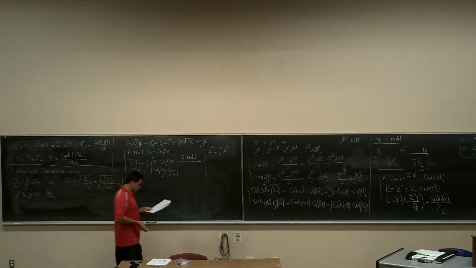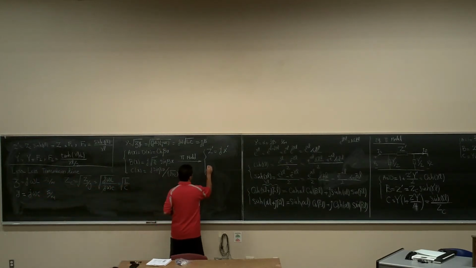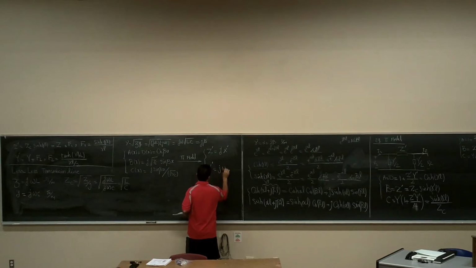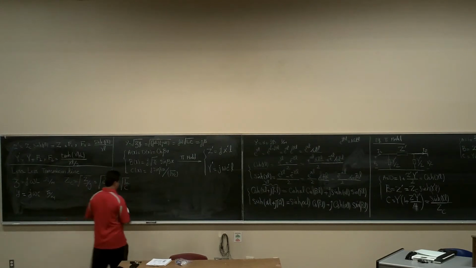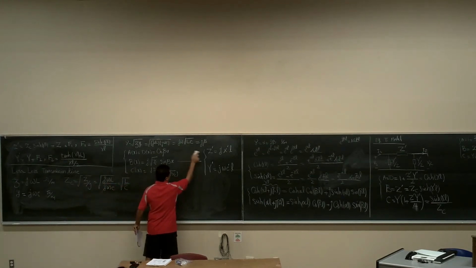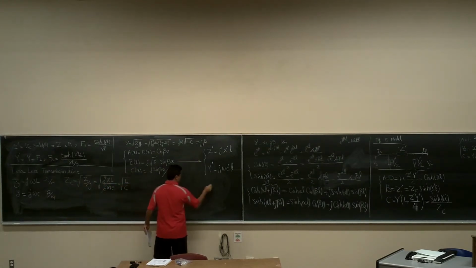And Y prime is going to change to j omega C prime. This is not the pi model yet. After here, we're going to go for the pi model.